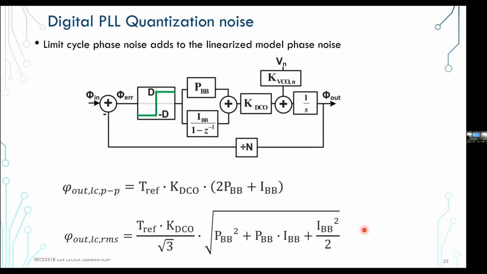But essentially, this additional quantization noise here, because it's a binary thing, it gives you either up or down, or early or late, if you will, coming from where it intercepts the rising edge of the input clock. It actually creates a limit cycle. It's like a little nonlinear system.